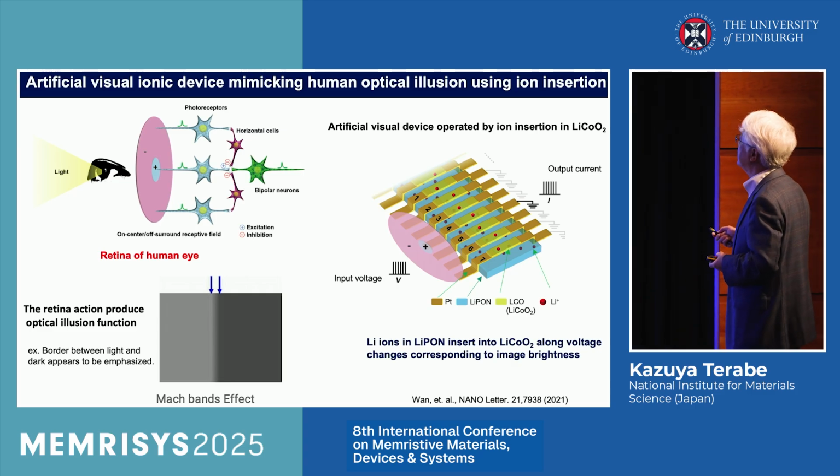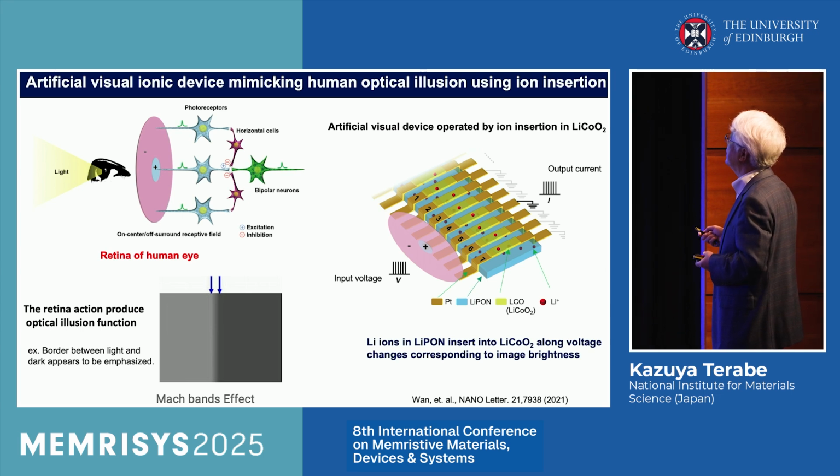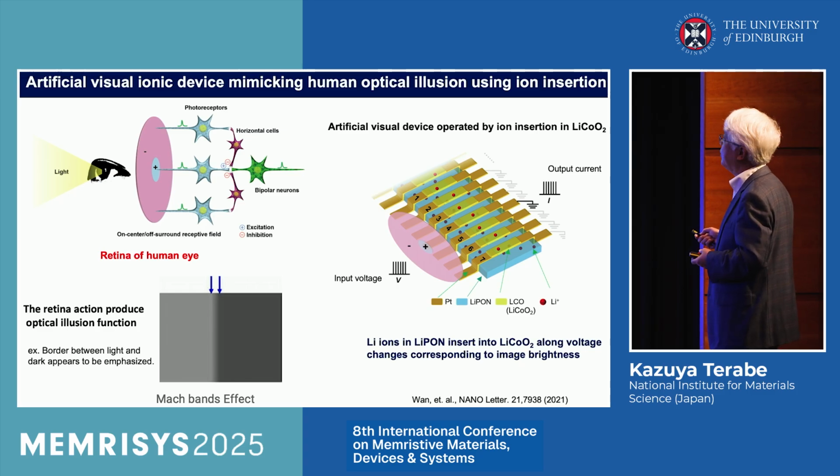This is a channel, so many channels. This is lithium cobalt oxide. This is a lithium and electron mixed conductor. Here is LiPON. LiPON is a pure lithium ion conductor.